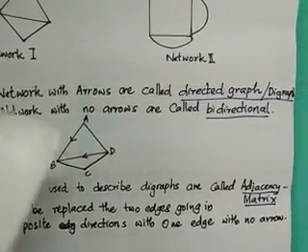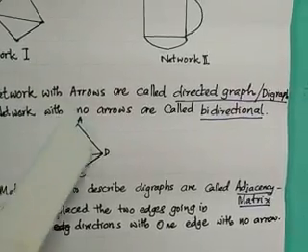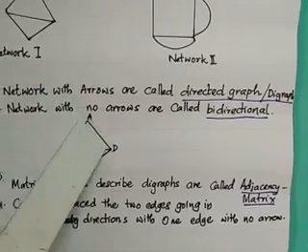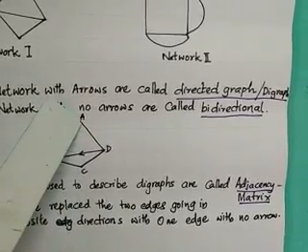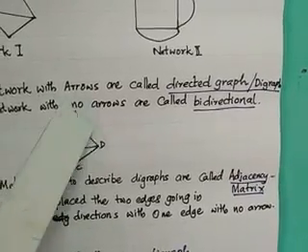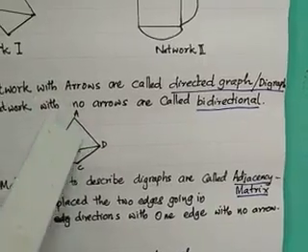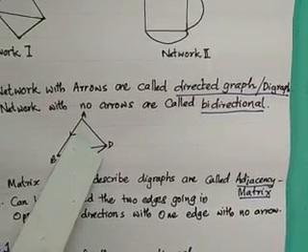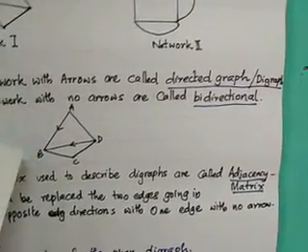Yes, I have already explained the same thing. For example, A to D is bidirectional. Bidirectional means you can replace this and draw one arrow from A to D and another arrow from D to A. That is also correct.